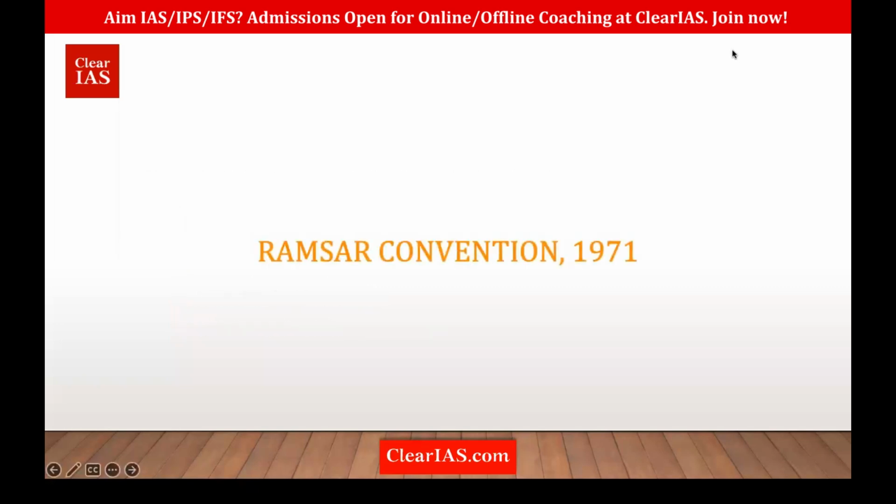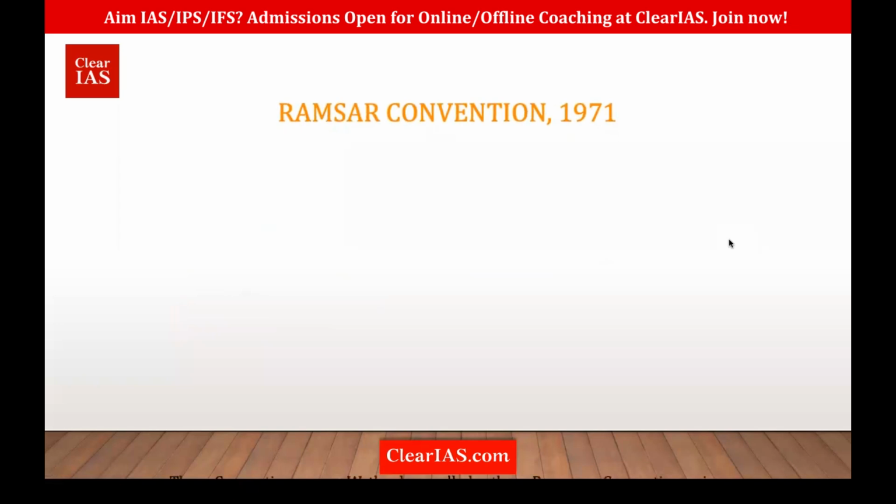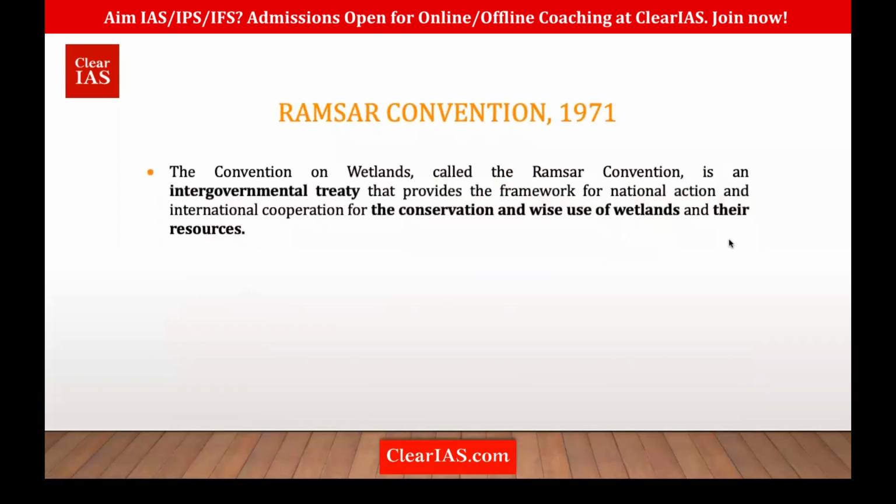Okay. So the next important topic is the Ramsar Convention. This was a convention for conserving wetlands, which was launched in 1971. So whenever you hear Ramsar Convention, you must remember it is with regard to what? Wetlands. Convention on Wetlands. It is an intergovernmental treaty, and the basic objective is conservation and wise use of wetlands and their resources.